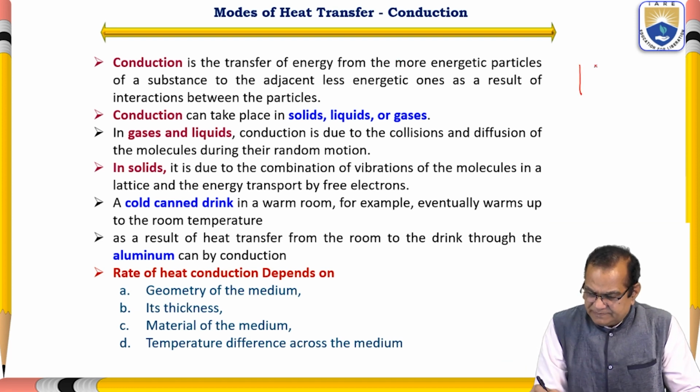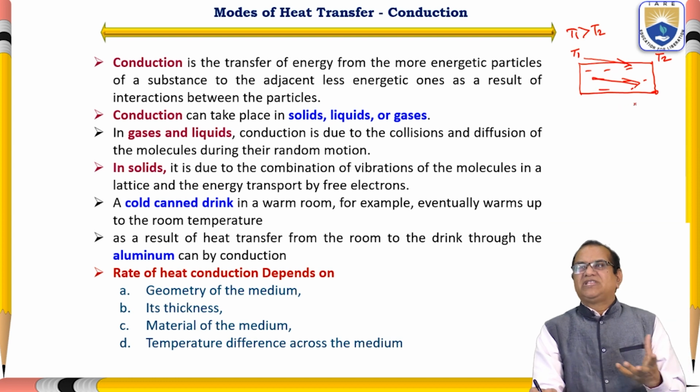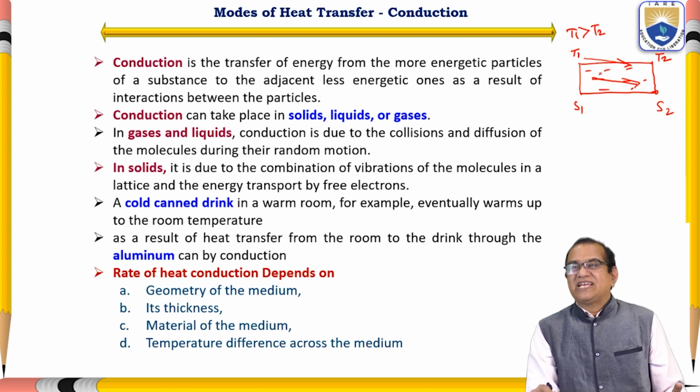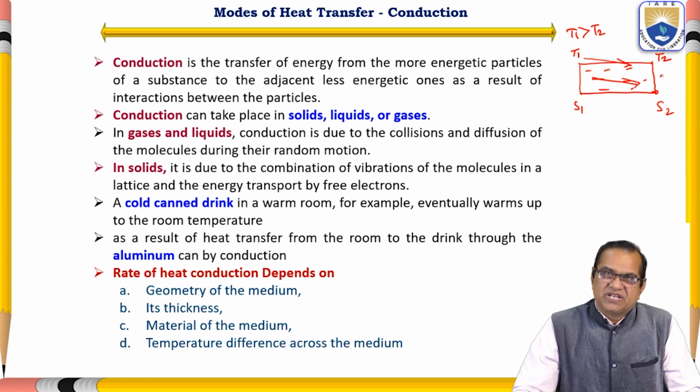If you see that there is a slab, with T1 on this side and T2 on this side, and T1 is higher than T2, then the energy will transfer from this side to this side, from surface 1 to surface 2, always from higher temperature to low temperature.